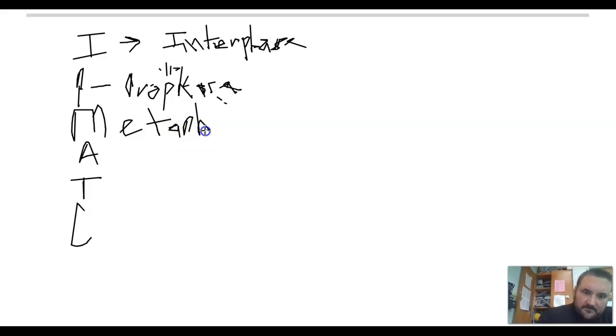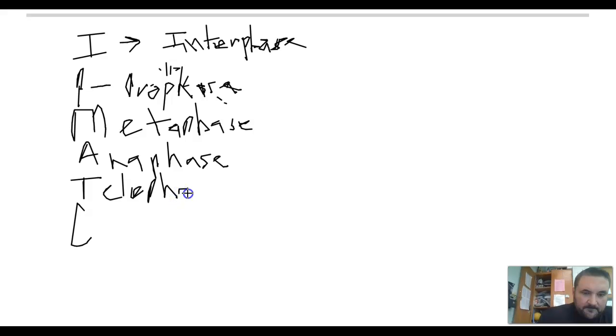Metaphase. Anaphase. Telophase. And the last one there is cytokinesis.